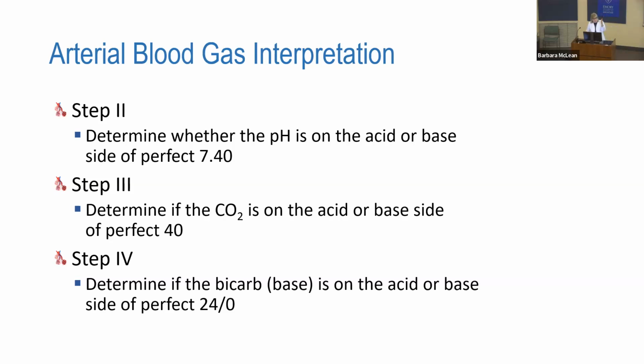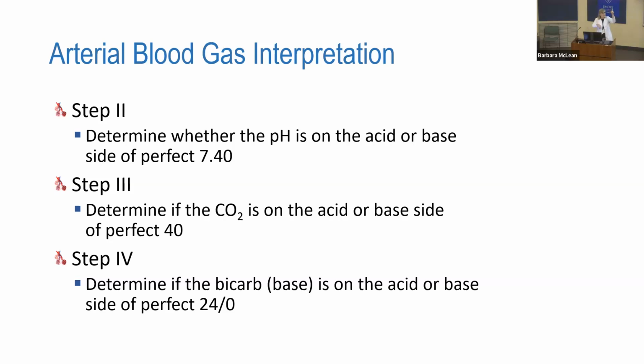So start with the perfect pH and then move to step 3. Look at your CO2. Perfect CO2 is 40. If CO2 is down, that's on the alkaline side. If CO2 is up, it's on the acid side. Again, we're not talking about the range, we're just talking about directions here.